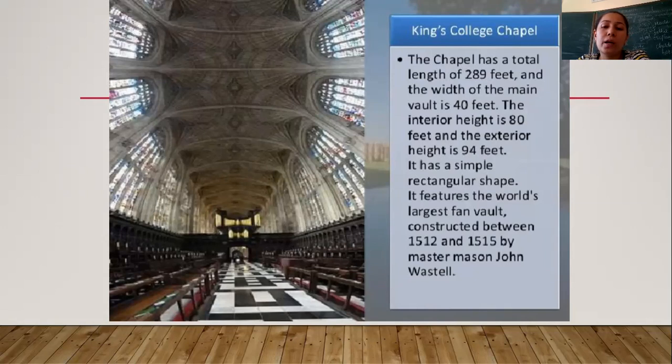The interior height is 80 feet and the exterior height is 94 feet. It has a simple rectangular shape, as we see. It features the world's largest fan vault, constructed between 1512 and 1550 by master mason John Wastell.